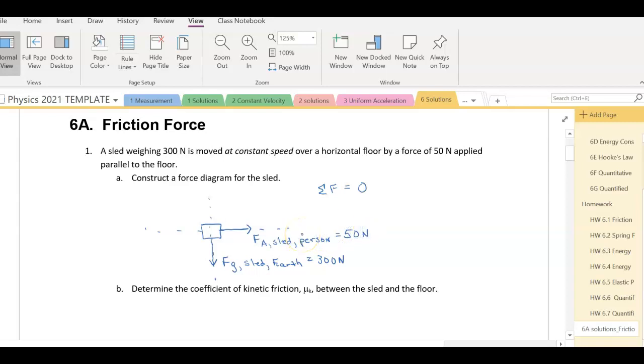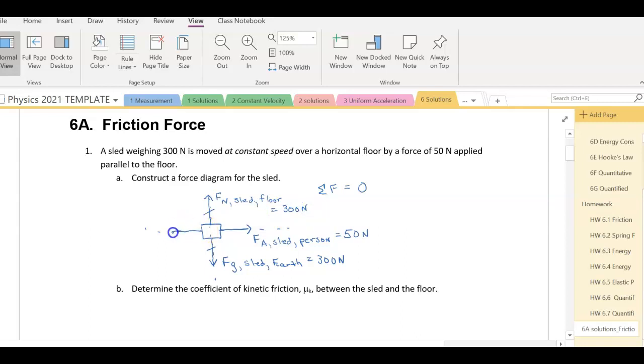In the vertical direction, the gravitational force is balanced by a normal force exerted on the sled by the floor, and therefore the normal force is 300 newtons, the same as the gravitational force.